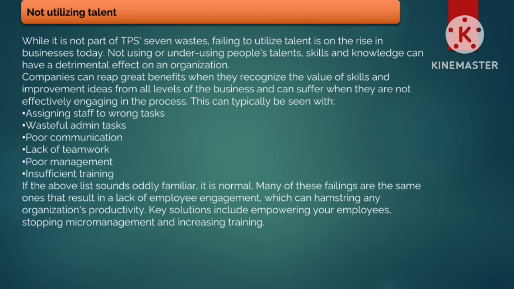So let's move on to another type of waste that can happen in any organization, which is non-utilized talent. So what is non-utilized talent? Many times we can see or experience in the organization that we put some team member on some task which is not their interest area, not their expertise area.